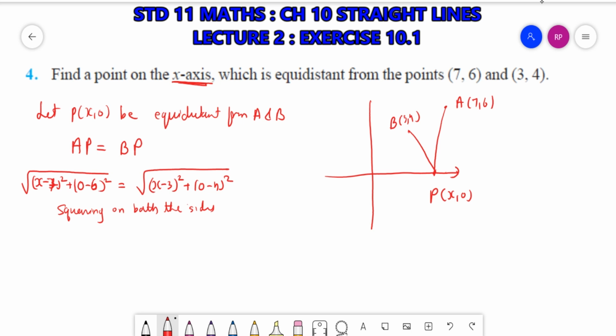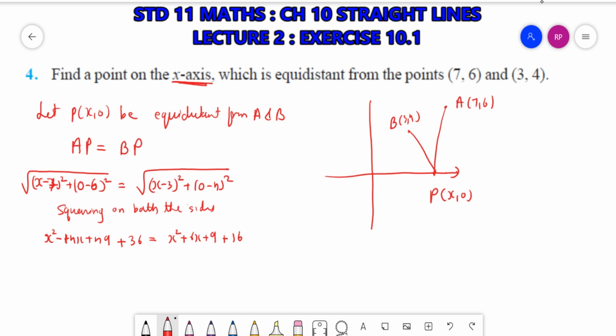I will get (x minus 7) whole square, that is x square minus 14x plus 49, plus 6 square, that is 36. And here it will be x square plus 6x plus 9, plus (minus 4) square, that is 16. I have removed the square root because I have taken the square.